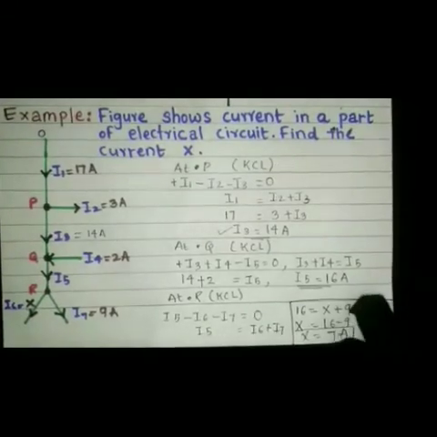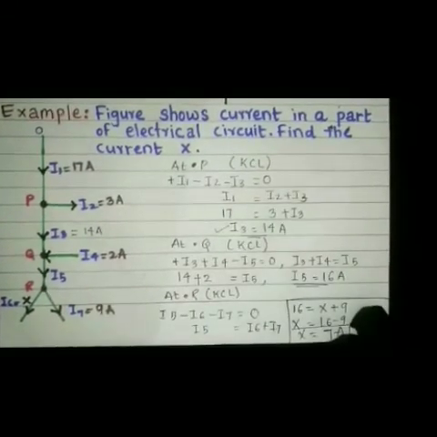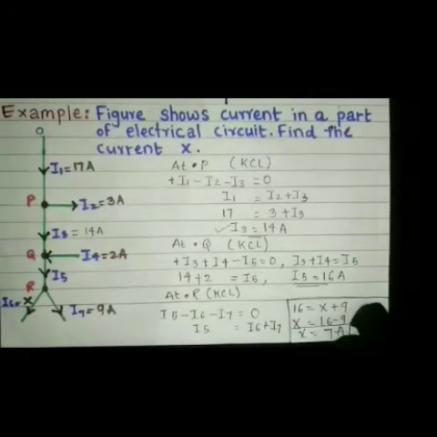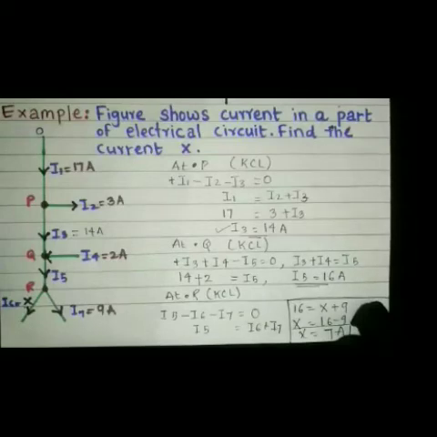Here I have explained it in great detail. You can solve it in a short way also, but for this you should remember the sign convention of Kirchhoff's first law. In short, I will explain this also. For the short method, as you can see in the diagram, I1 is divided into two currents, I2 and I3.